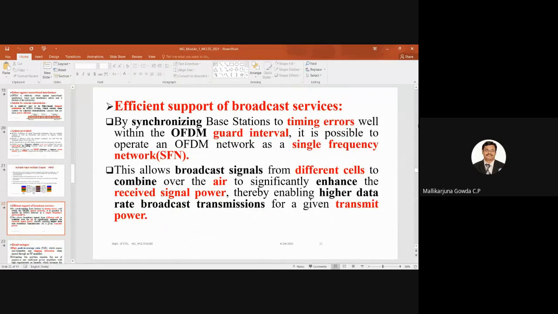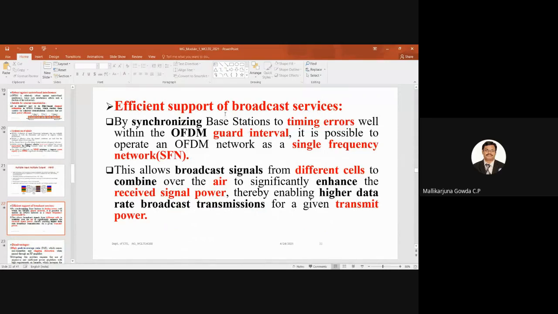It will be able to synchronize the base stations to timing errors well within the OFDM guard interval. So it is possible to operate an OFDM network as a single frequency network, SFN, what we say, single frequency network.